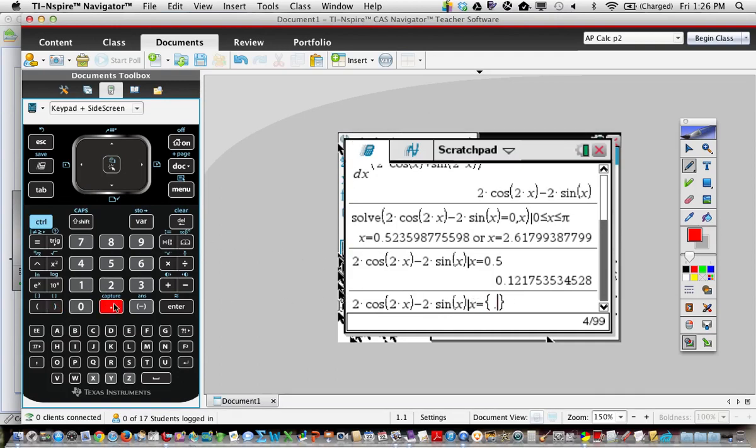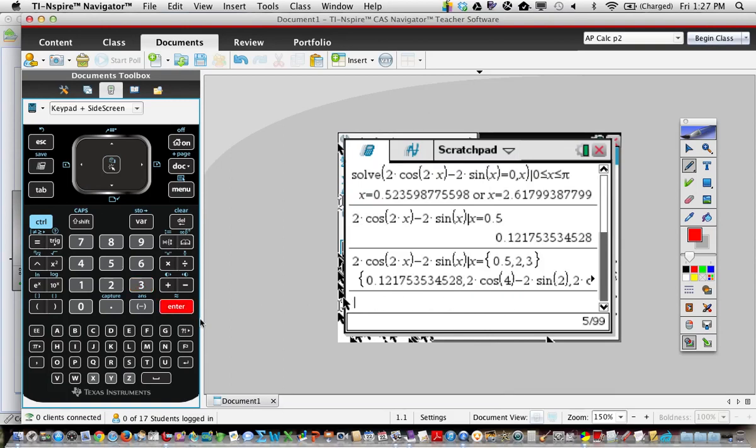I can actually type in 0.5, comma, 2, comma, 3, and it'll plug all 3 of those in and return me those 3 values, all plugged in. And so I get a list. Oh, and I need to hit Control Enter.